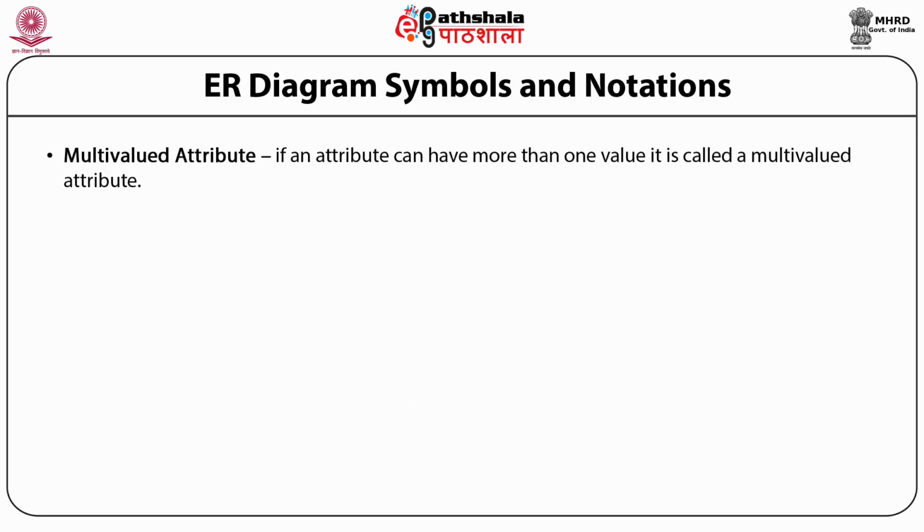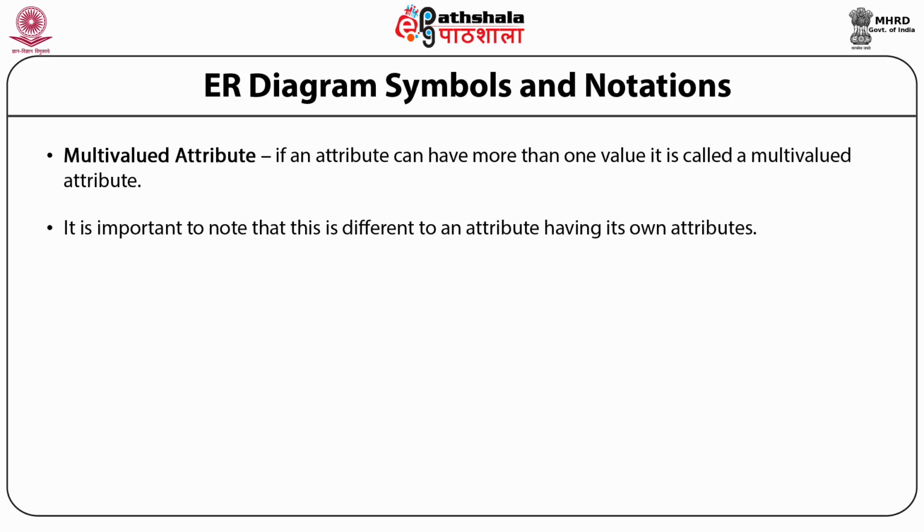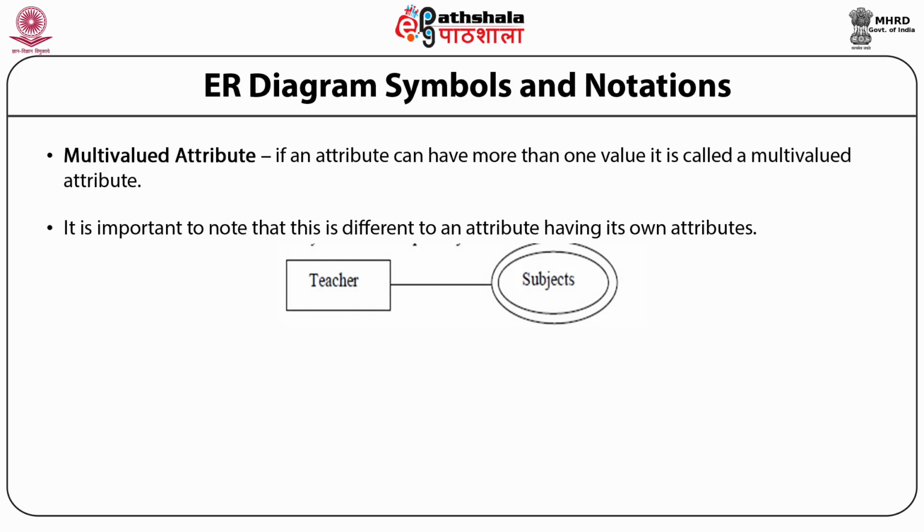The multi-valued attribute. If an attribute can have more than one value, it is called a multi-valued attribute. It is important to note that this is different to an attribute having its own attributes. For example, a teacher entity can have multiple subject values.